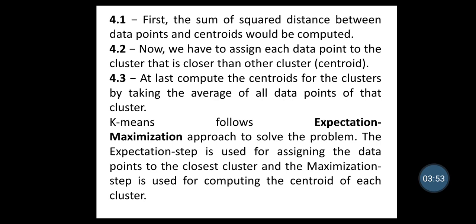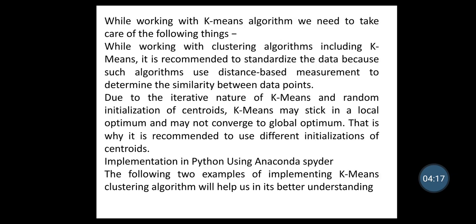K-means follows the expectation maximization approach to solve the problem. The expectation step is used for assigning the data points to the closest cluster, and the maximization step is used to compute the centroid for each cluster. That is the basic approach used in the K-means algorithm.